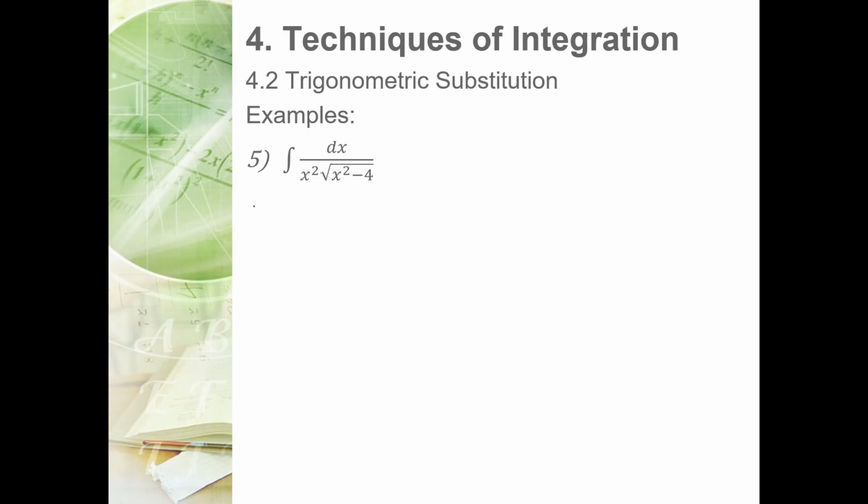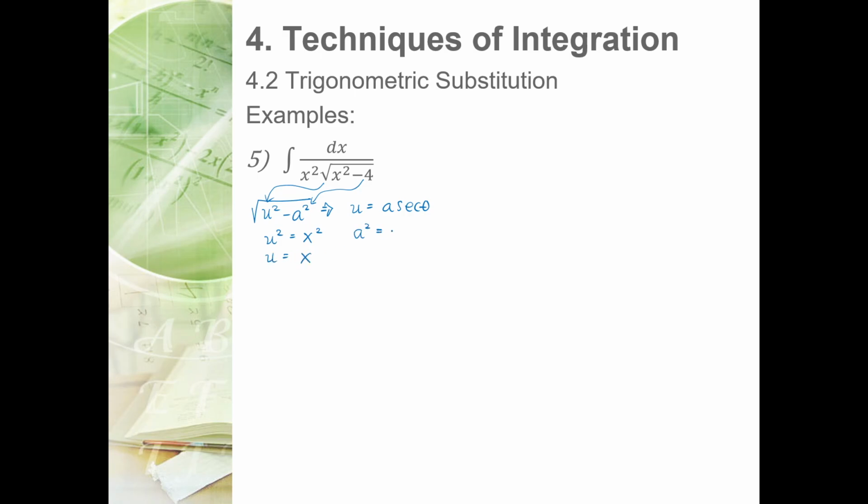Okay, so that's the square root of u squared minus a squared, where u is equal to a secant theta. So our u squared is x squared, and our a squared is 4. So u squared is equal to x squared, and then u is equal to x.